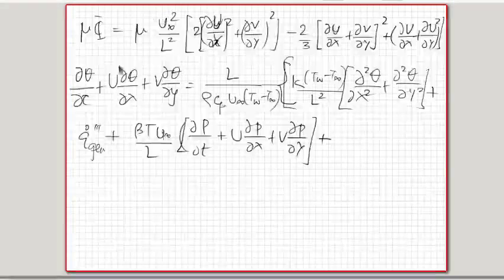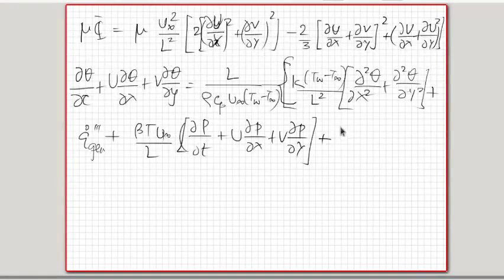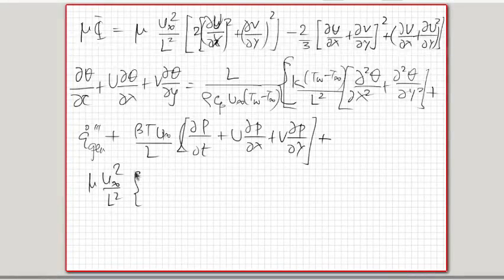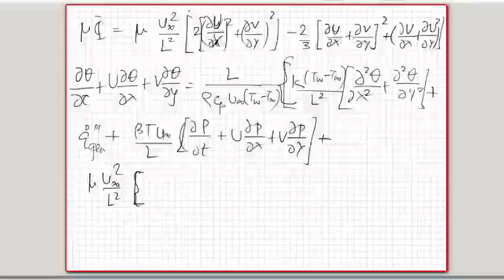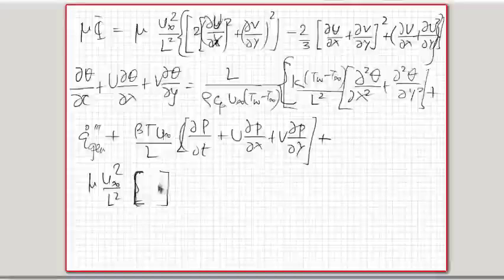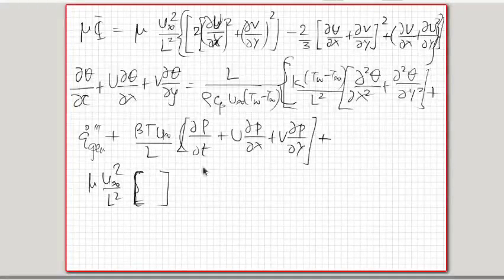Plus the mu term will be mu U infinity square by L square multiplied by this whole term. The terms in the braces will all come under this, and then the bracket closes.